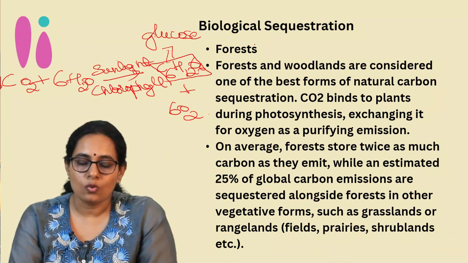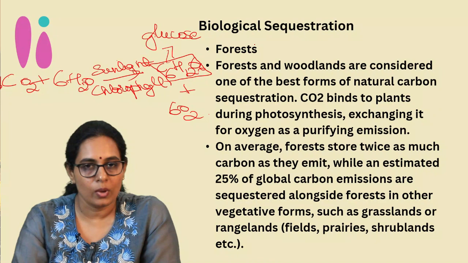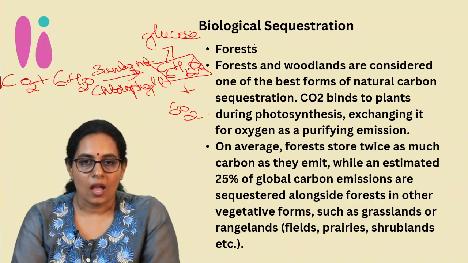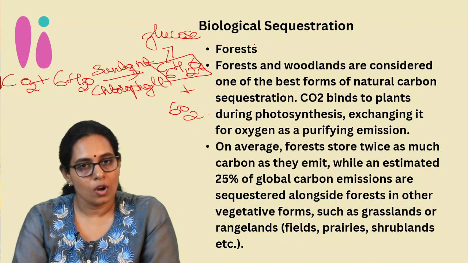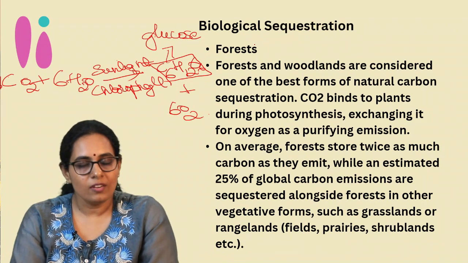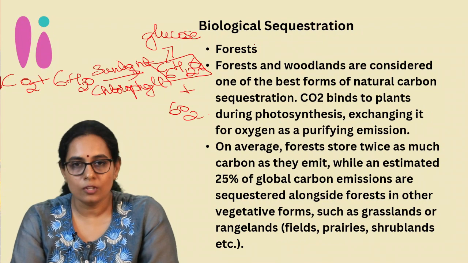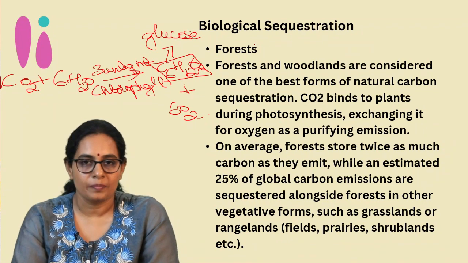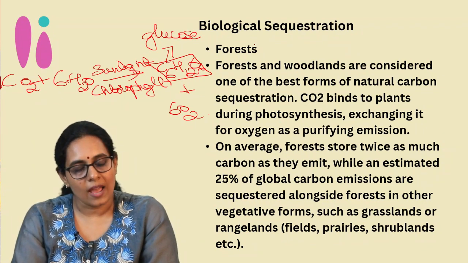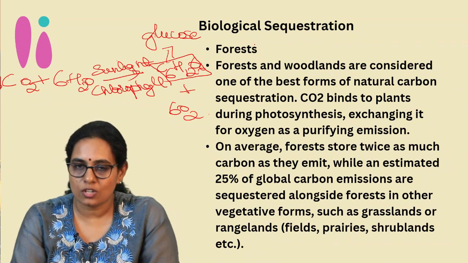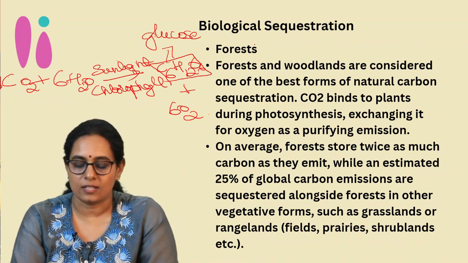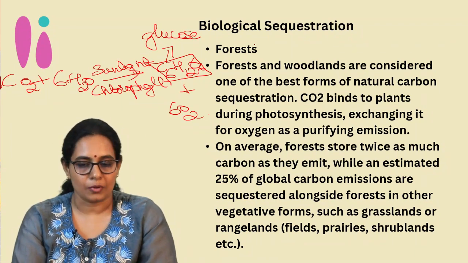This makes it one of the most efficient ways to store carbon. Upon that, it is not easily released back into the atmosphere. So wherever we see green cover, it is nothing but carbon stored in the plants. This is known as biological sequestration of carbon in the forests or in the green cover.